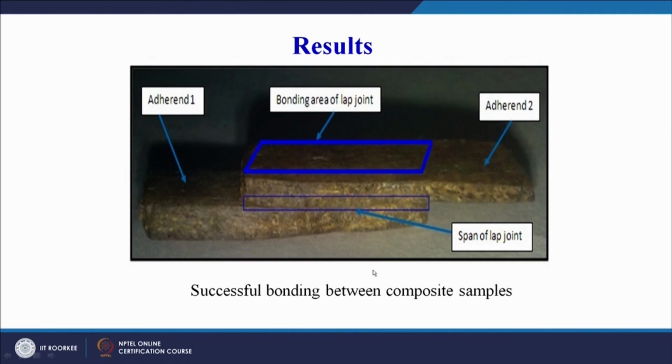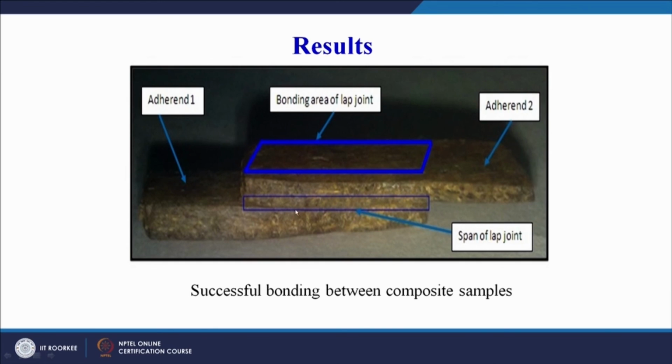This is adherent 1, this is the span of the lap joint, the rectangle here, and this is adherent 2. So we have adherent 1, adherent 2, and this is the lap joint or bonded area of the lap joint which has been formed. This area has been joined at this joint interface. This is representing the lap area.